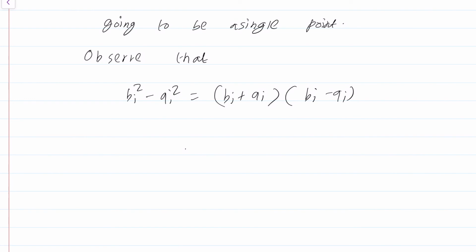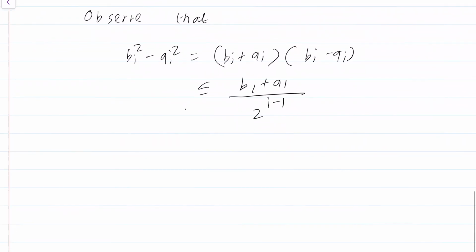Observe that b_i² - a_i² is equal to (b_i + a_i)(b_i - a_i), which is less than or equal to (b_1 + a_1)/2^(i-1).